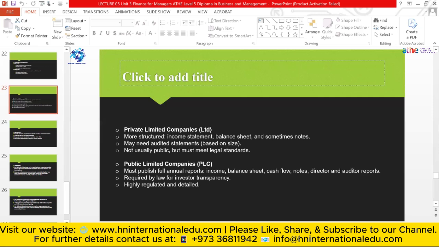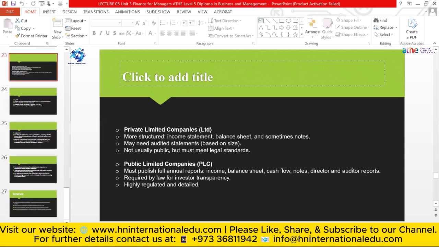Required by law for investor transparency. They need every depth of it, how you achieve the numbers and the calculations and the profits and the loss, because they need to figure it out in depth. Highly regulated and detailed by the government, obviously, we have to follow all the rules and regulations, abide by them.